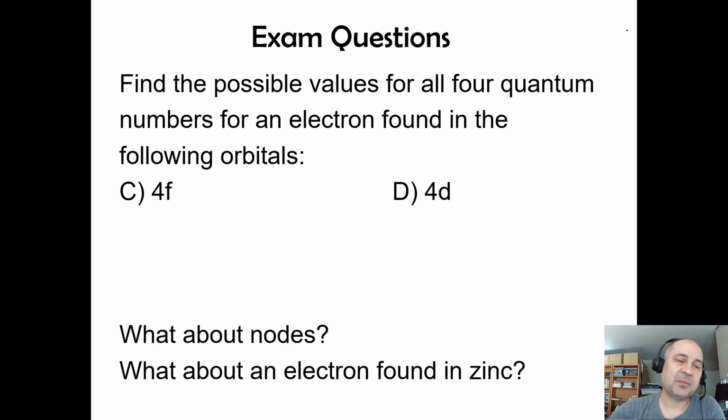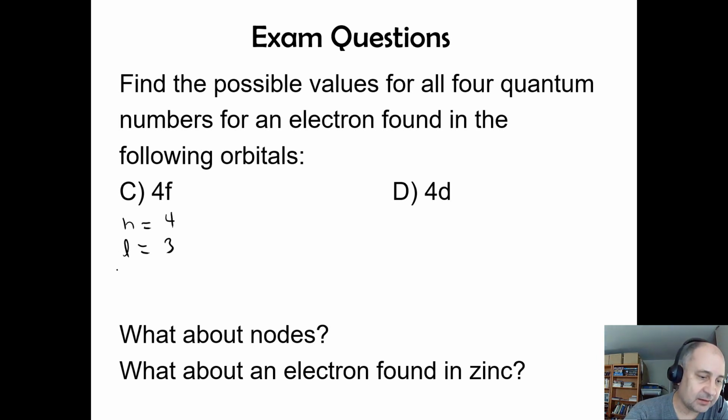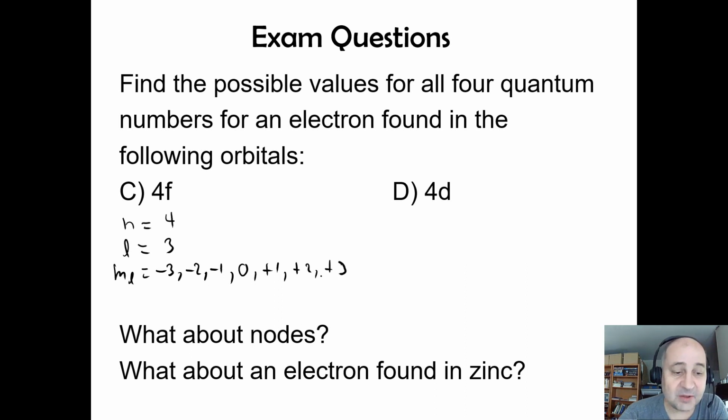All right, let's practice a couple more. The 4 quantum numbers for a 4f electron. n is equal to 4. L is equal to 3. And so we expect to have 7 m sub L values. So we go -3, -2, -1, 0, +1, +2, and +3. Those are the 7 suborbitals, and m sub S is just +1/2 and -1/2.